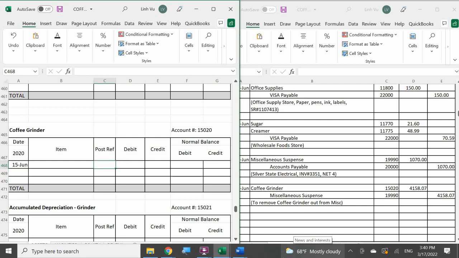Anything you want to add to the notes for the coffee grinder? Would you refer to the day that you bought it? You could.